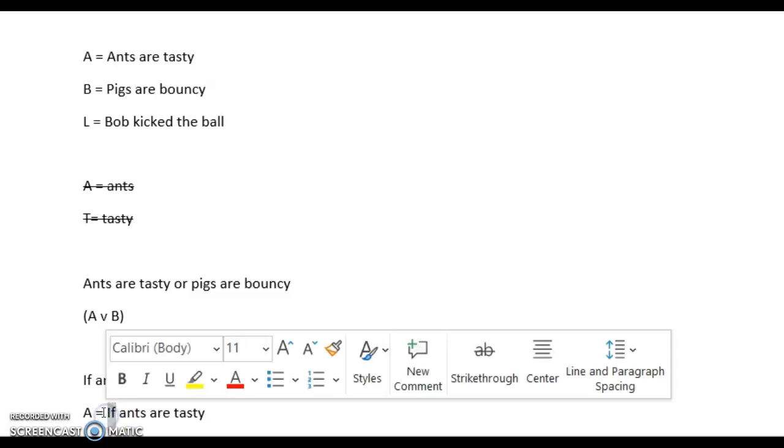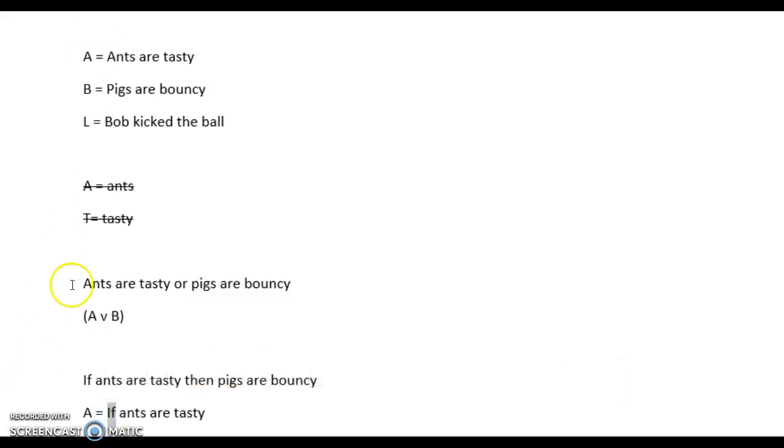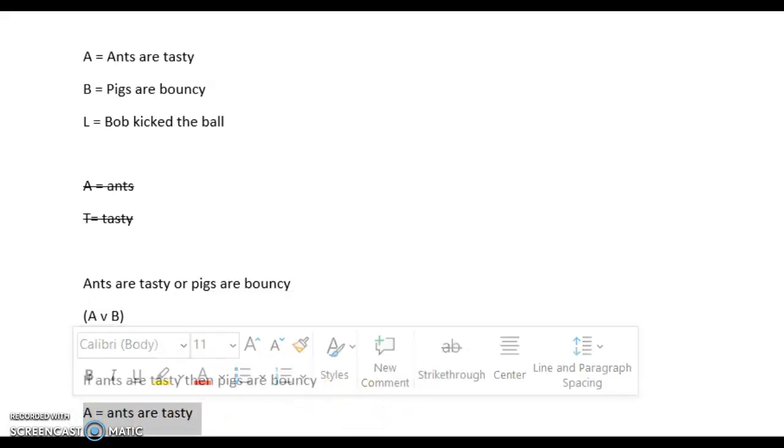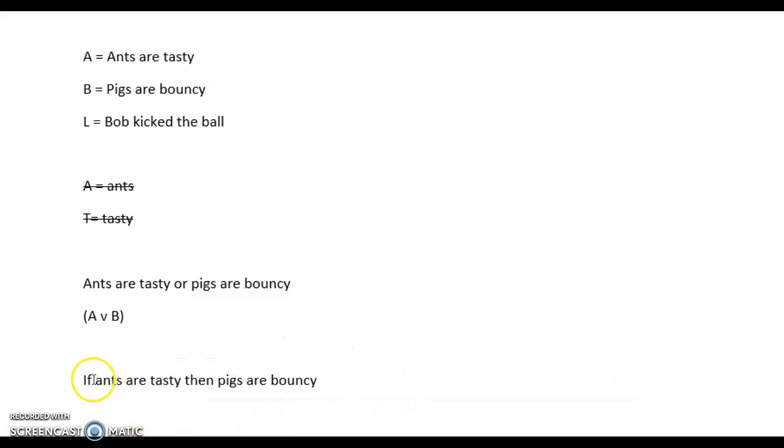If should never, ever, ever be in the sentence that you're making the symbol, right? If is a part of the logical relationship. So if you say, if ants are tasty, then pigs are bouncy, the word if here is a part of the logical relationship between ants being tasty and pigs being bouncy.